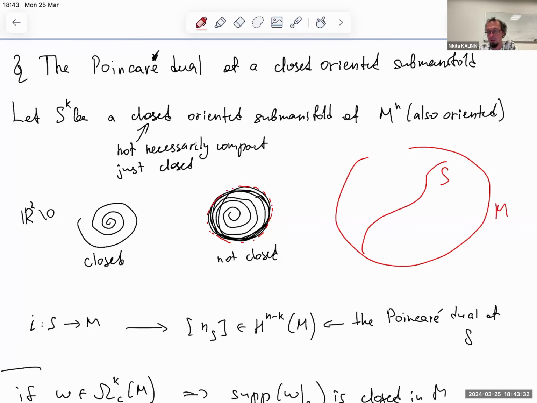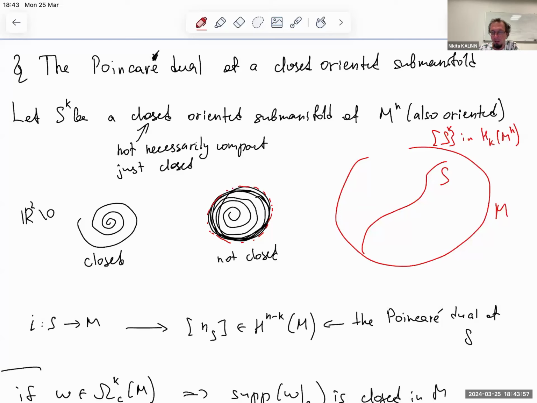You can define simplicial complexes and so on. And if you have a submanifold, it can be represented by a homology class. So for example, there is a class of S in homology on M. If you have a submanifold of dimension k, then there will be a class. At least you can consider it.